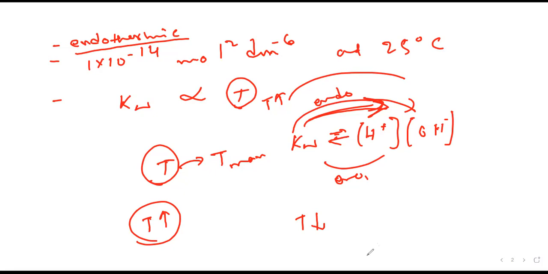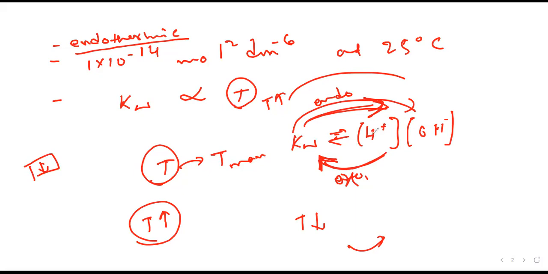The system would try to increase the temperature. Now we know the backward direction is the exothermic reaction. And in an exothermic reaction, it tends to release energy to the surrounding. So if the temperature is decreased, how can we regain the higher temperature?